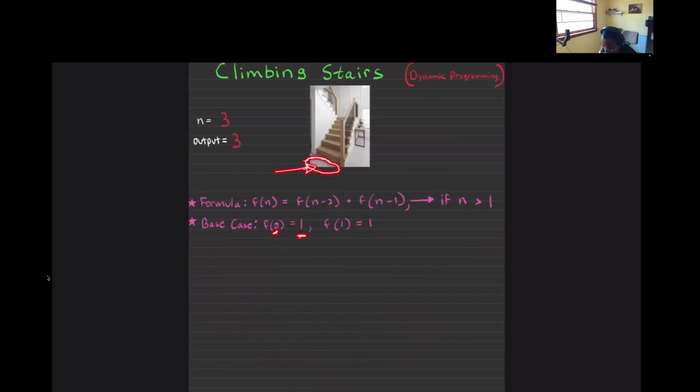It's just 1. You can teleport here, you can fly in with a parachute, you can jump here, you can do a cartwheel, whatever. You can only get here 1 way though. So that's why the 0th step is 1 way.